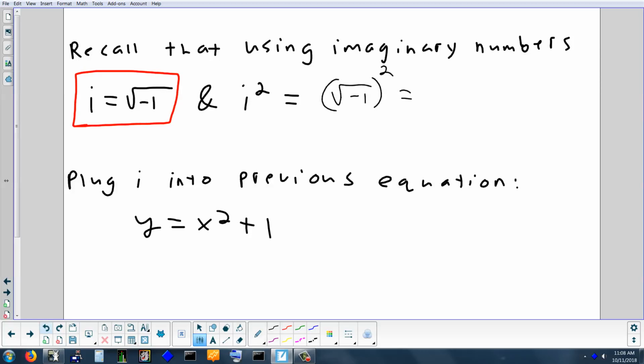Right. The square and the square root cancel each other out, and what you're left with is what's underneath the root. So anytime you have an i squared in a problem, you should always change it to a negative 1. That's kind of nice. i squared actually comes out to a real number when you do it out.